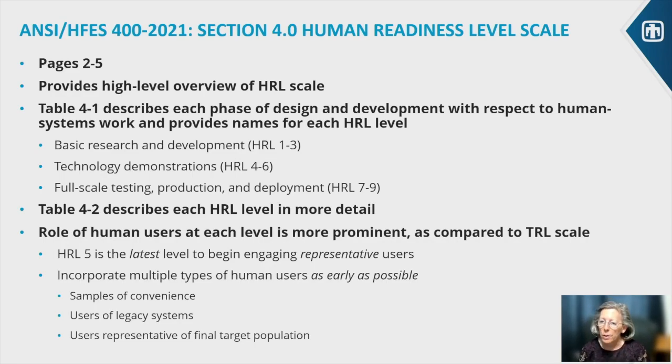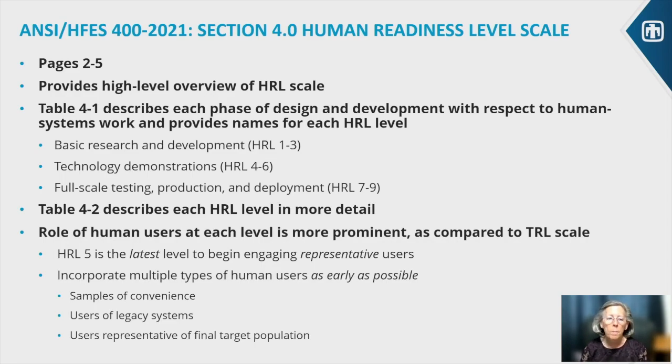So even at HRLs 1, 2, 3, when you're still doing your research and design and doing things in the lab on paper, it's common to go talk to representative users, using similar or legacy systems, and ask them, what kinds of problems have you been having? What's working well? What would you like to see changed? So you can do that whenever.